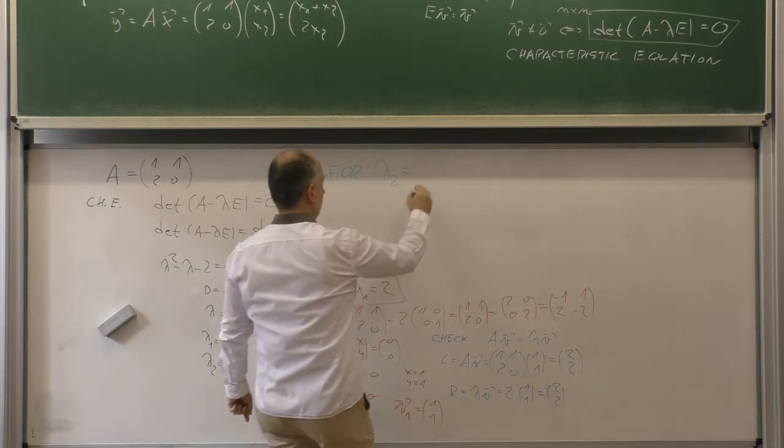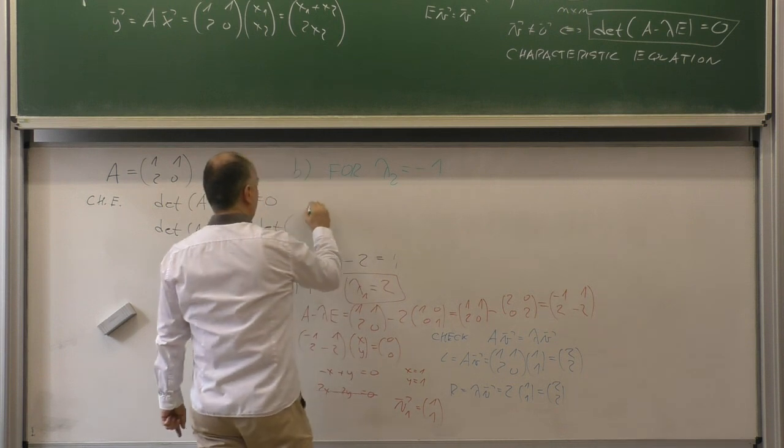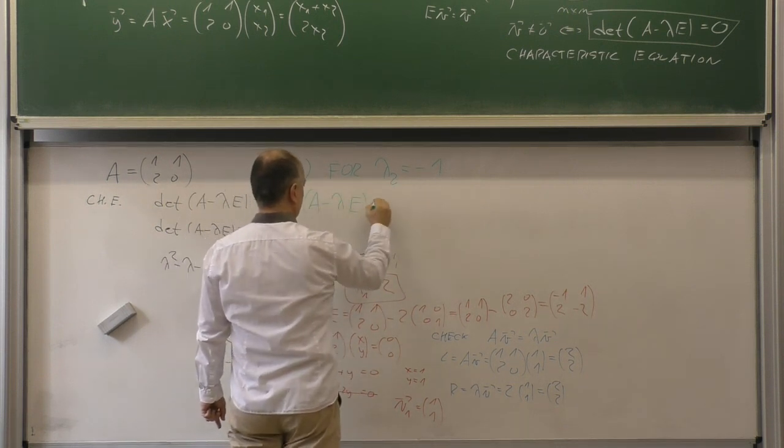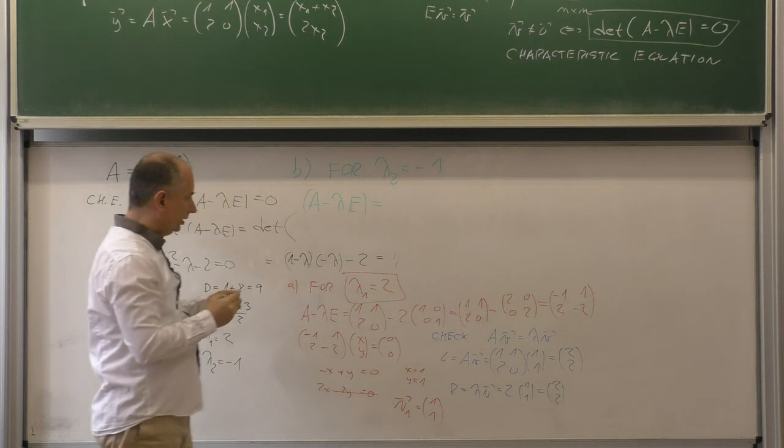Lambda 2 was minus 1. Then the matrix A minus lambda E, we don't need a bracket.